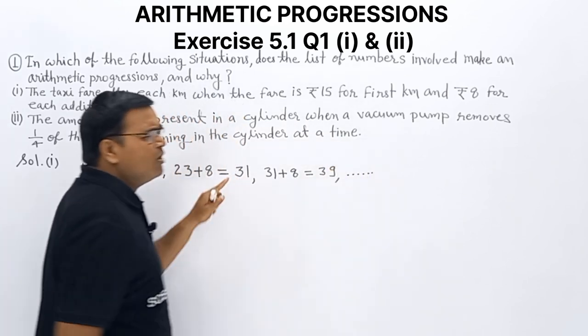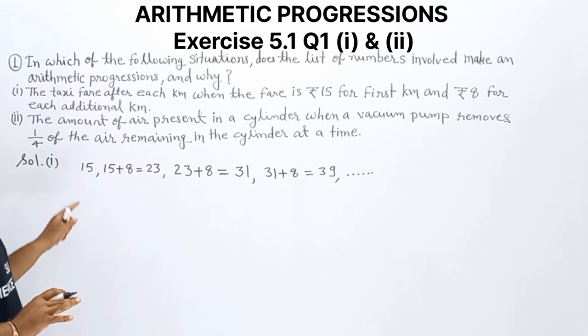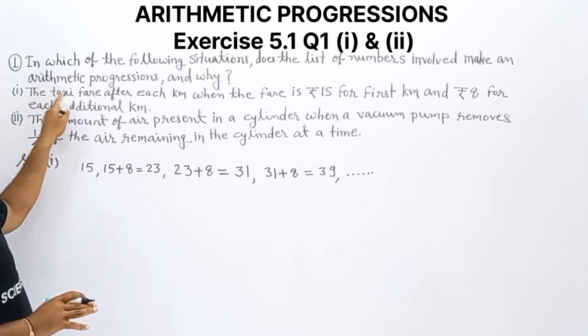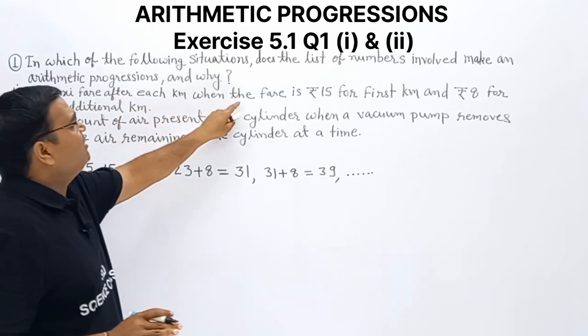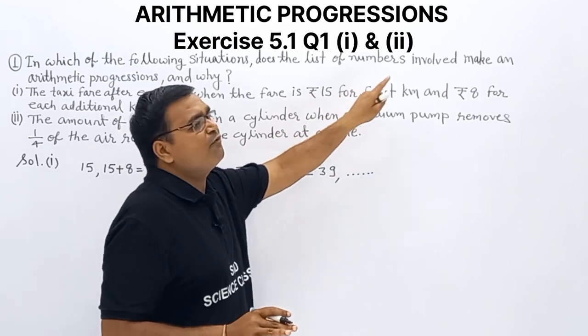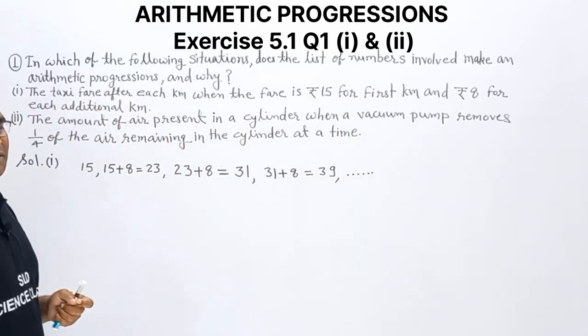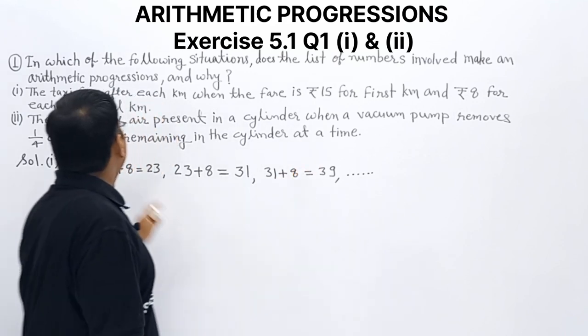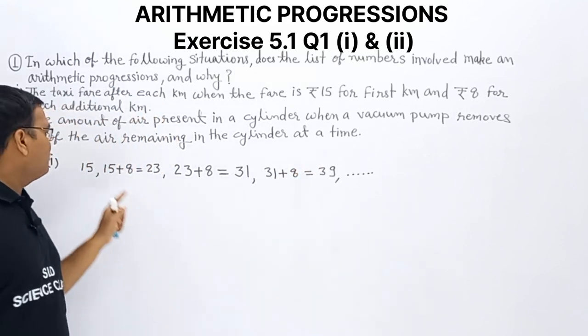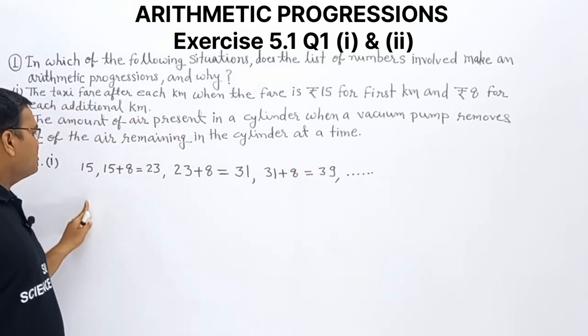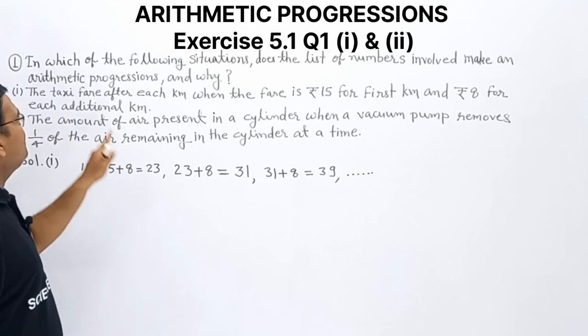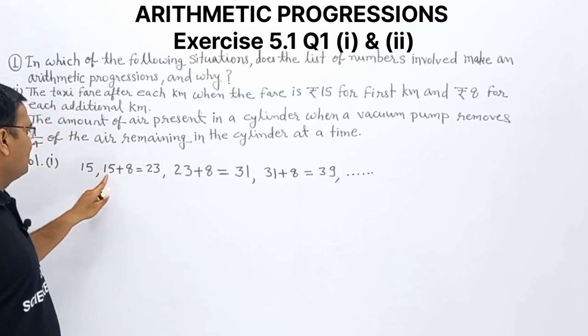Observe carefully, simple question. The question is saying the taxi fare after each kilometer when the fare is rupees 15 for the first kilometer. For the first kilometer, the fare is 15 rupees, and 8 rupees for each additional kilometer.